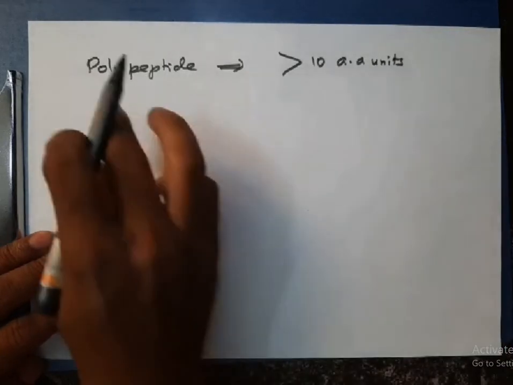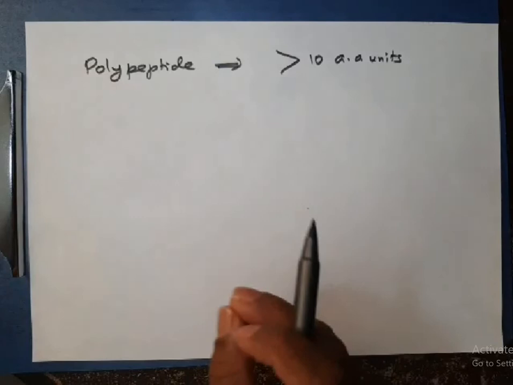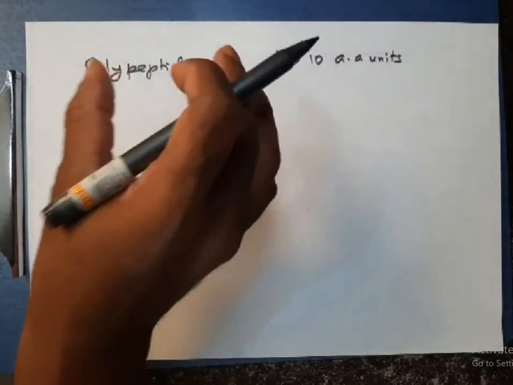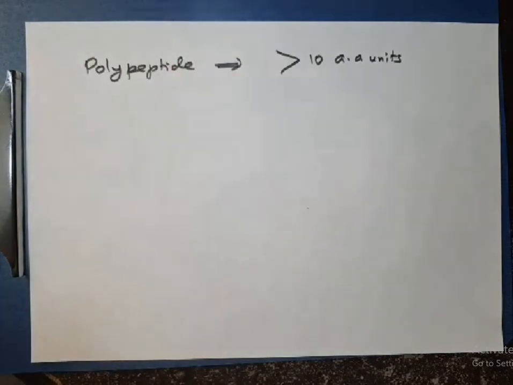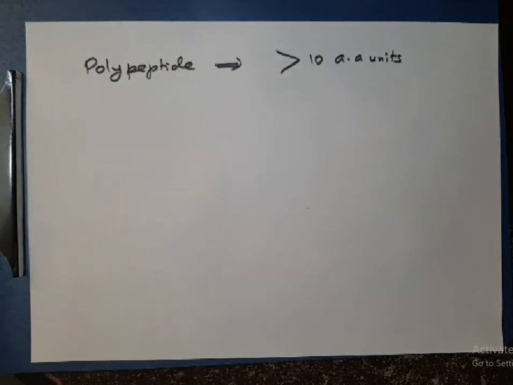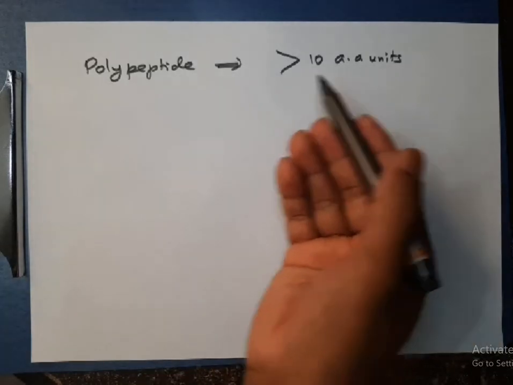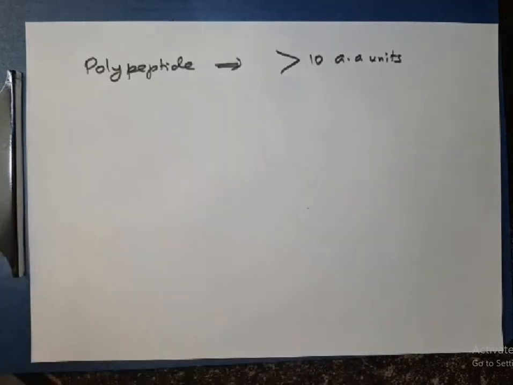If any peptide chain contains more than 10 amino acid units, we call those peptide chains polypeptides. Remember, usually polypeptides contain 100 or 1000 or 2000 amino acid units. For definition's sake I am giving this point, but usually polypeptides contain a larger number of amino acid units.